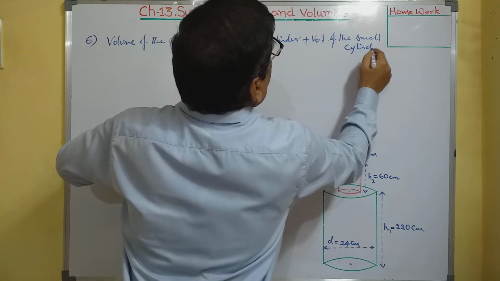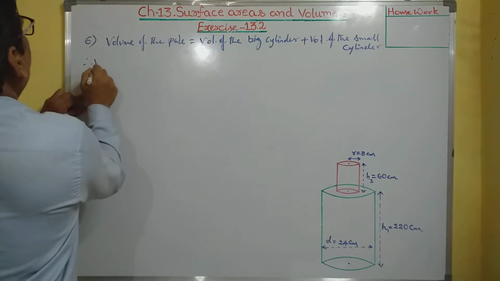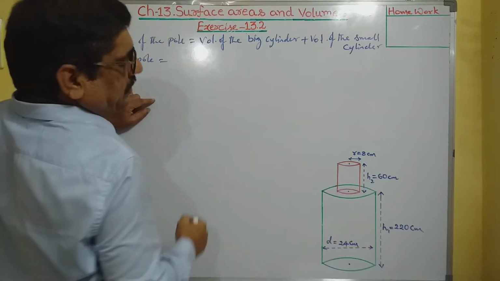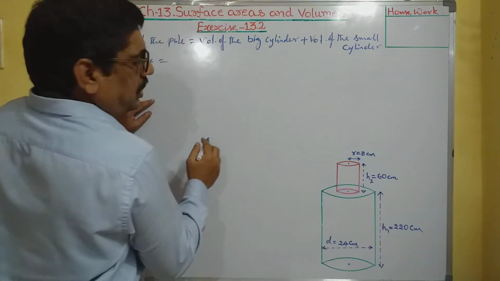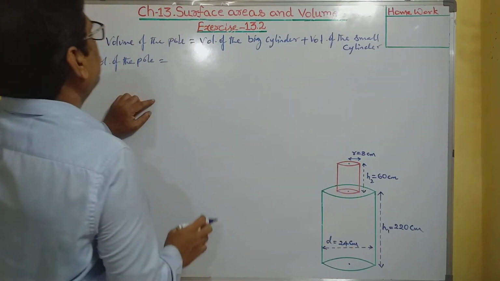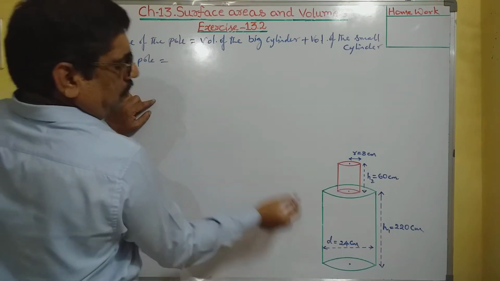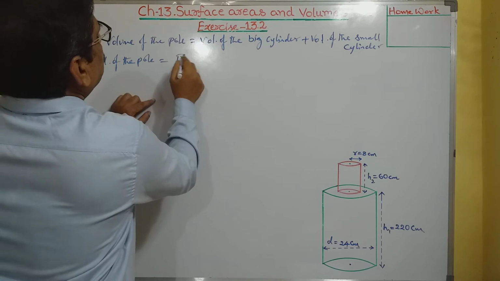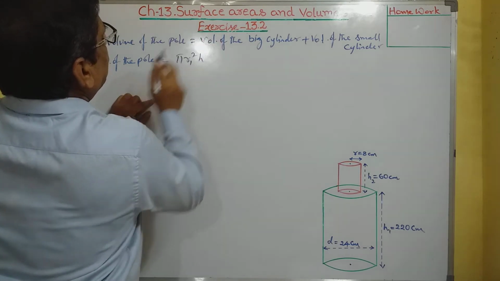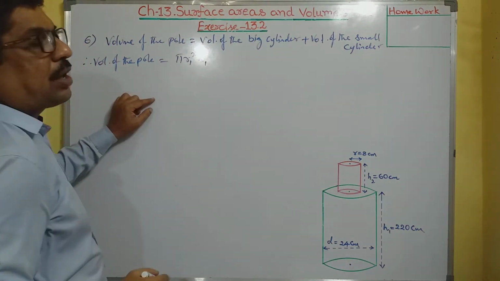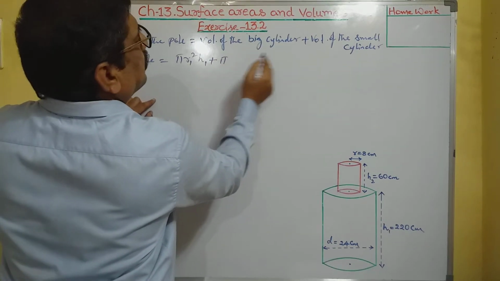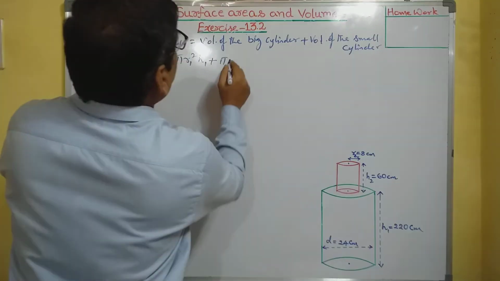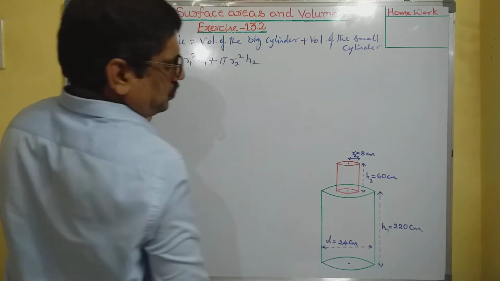Let us take the dimensions as R1 and H1. The volume of the cylinder is pi R square H, so pi R1 square H1. For the volume of the small cylinder, let us take R2 and H2, pi R2 square H2.